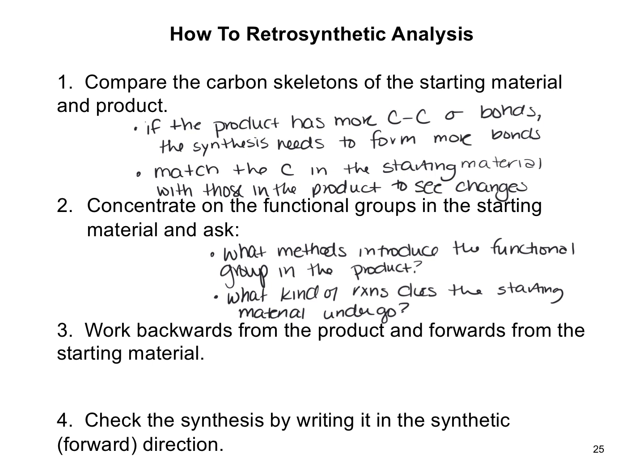Then you need to work backwards from the product and forwards from the starting material. So you need to ask yourself, what are the intermediates? And that could be the intermediate precursor of the product. Always try to generate simpler precursors when you're working backwards.